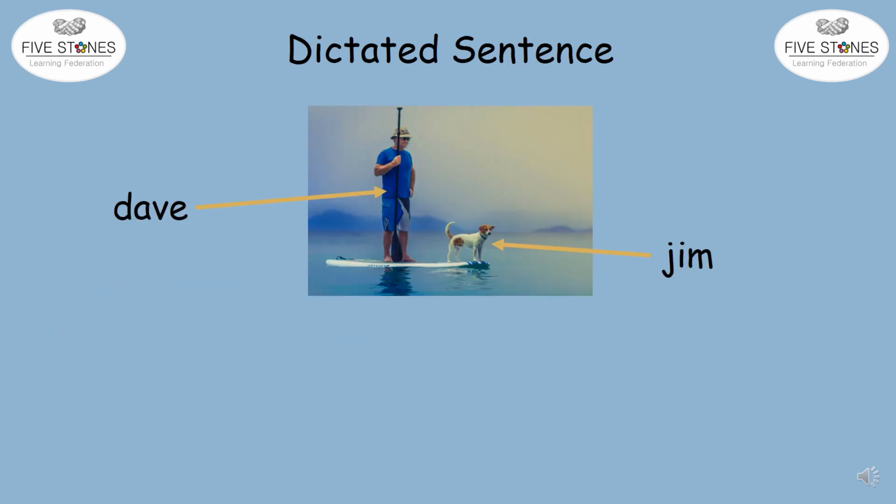Now, we're going to practice sentence writing using dictated sentences. I'm going to say a sentence and you need to write it down, remembering to use capital letters, finger spaces and full stops. So here you can see a picture with two names, one for the person and one for the dog. Think carefully about what you need to include in your sentence.